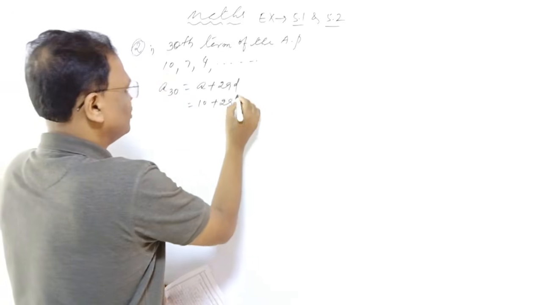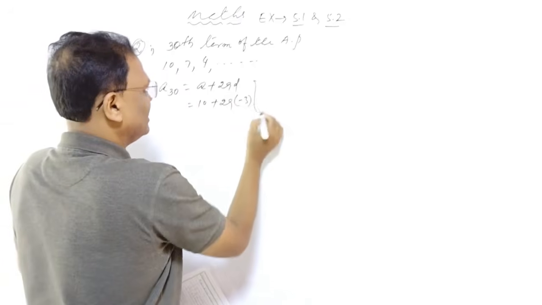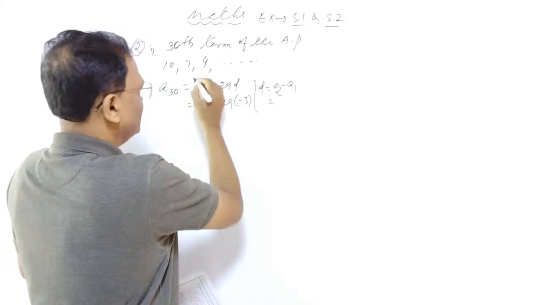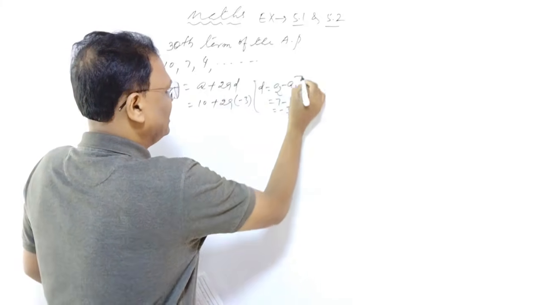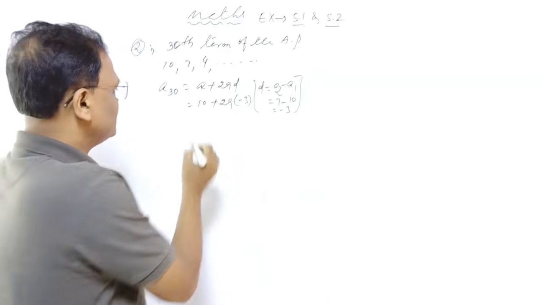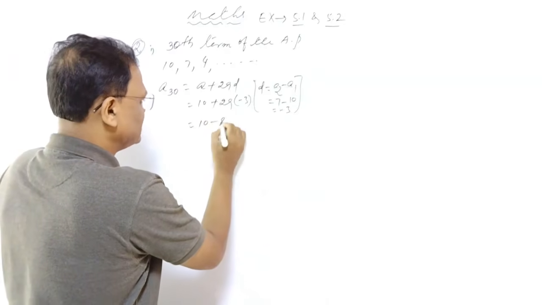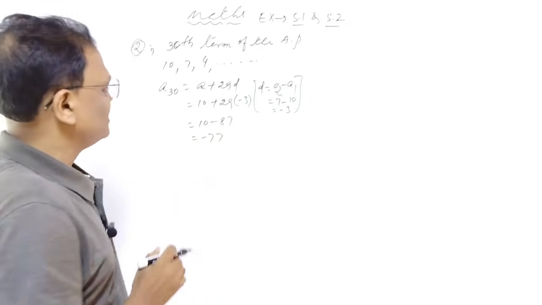The common difference you are getting is minus 3, 7 minus 10. If you are not getting it, this is the D formula: A_2 minus A_1. A_2 is 7 minus A_1 is 10. That means my D value is minus 3. So this is 10 plus 29 into minus 3, which is minus 87, and this gives me minus 77. This is the 30th term.